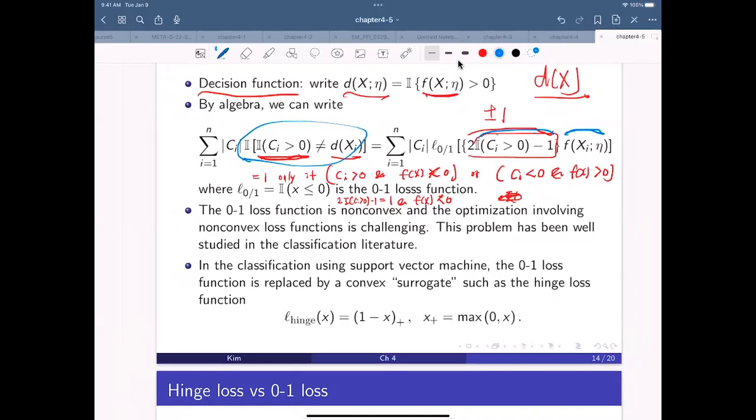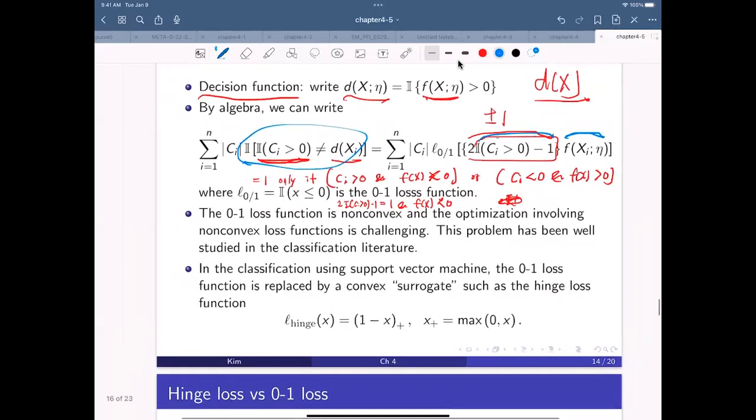So which is a kind of classification problem.